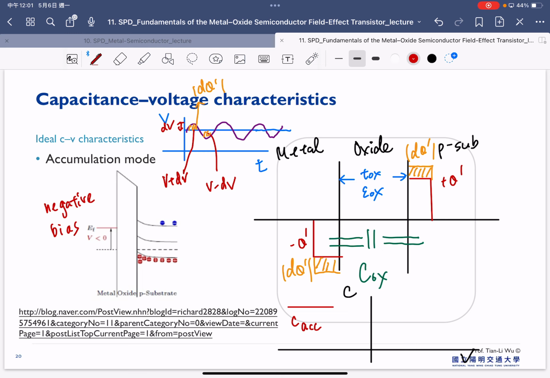So C-acc will be exactly equal to C-ox, which is epsilon oxide over T-ox. So that's the first part of our CV curve here.